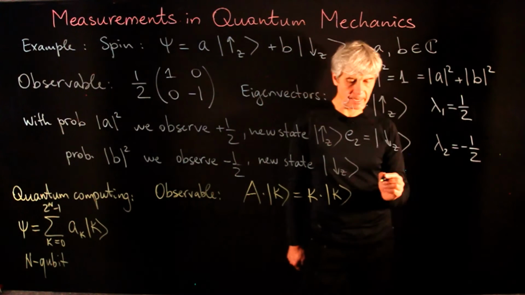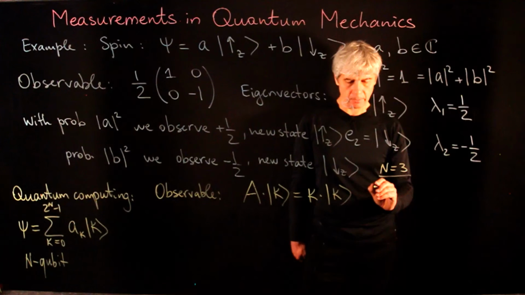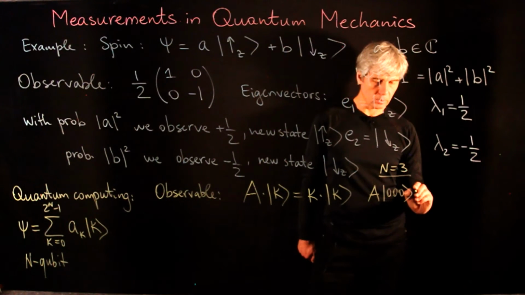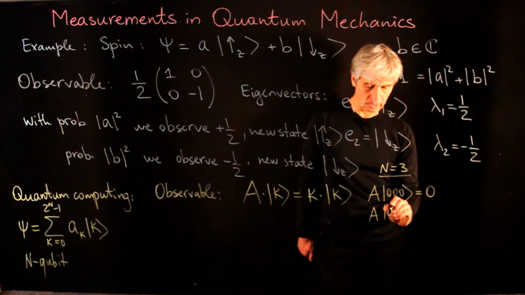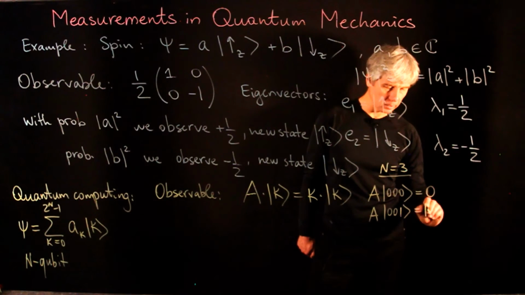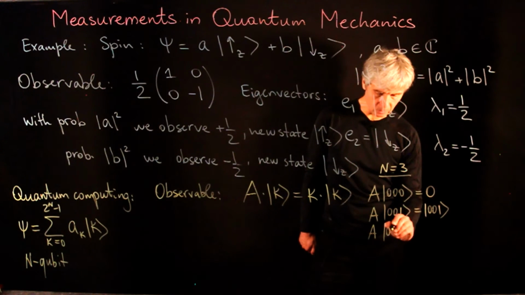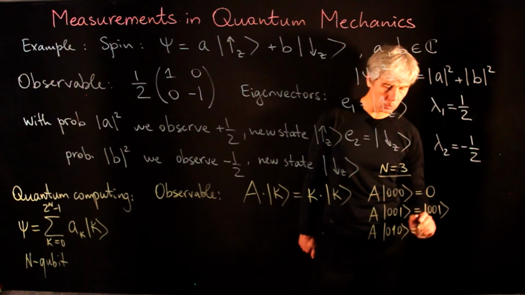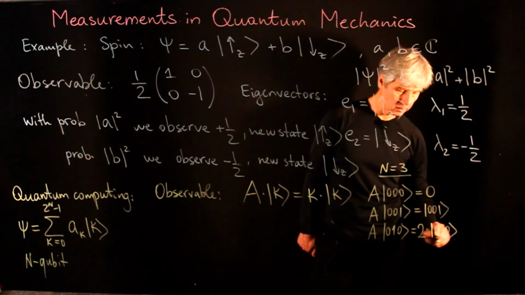So, for example, if n is equal to 3, this means the following. A acting on 0, 0, 0 is equal to 0. A acting on 0, 0, 1 is equal to 0, 0, 1. A acting on 0, 1, 0, so this is in binary 2, so we get that the eigenvalue must be equal to 2 for this vector.